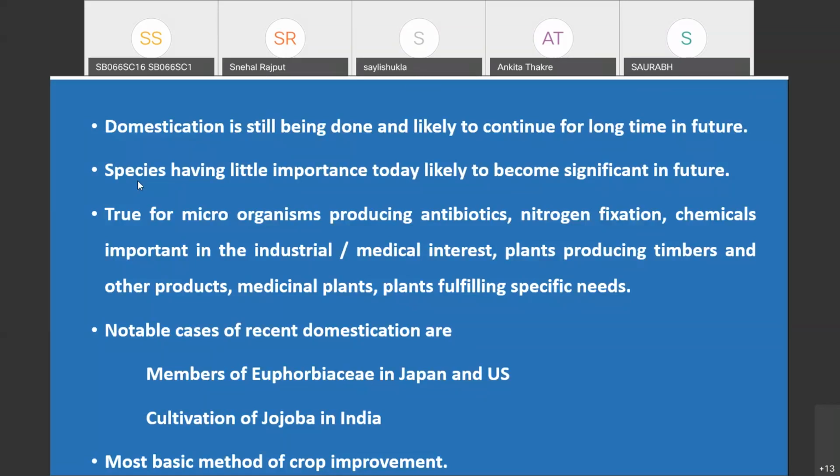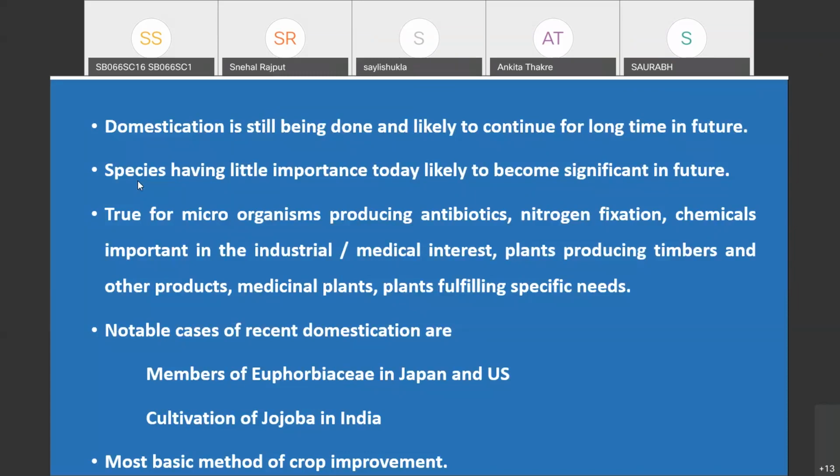Okay, and this is very true for the microorganisms producing antibiotics. In the earlier days these microorganisms were not important to us, but later on, with the advancement of scientific knowledge, they became very important because most of these organisms were producing antibiotics.